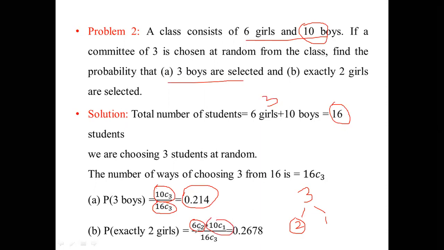So the number of favorable cases is 6C2 into 10C1, by the total number of exhaustive cases 16C3. This means out of 16 students we are choosing 3, in which 2 are girls and 1 is a boy. So the probability of getting exactly 2 girls is 6C2 into 10C1 by 16C3, which is equal to 0.2678.